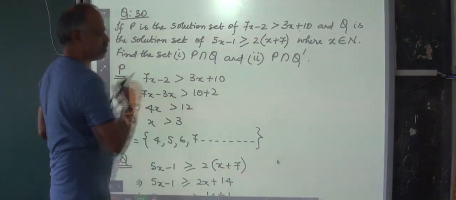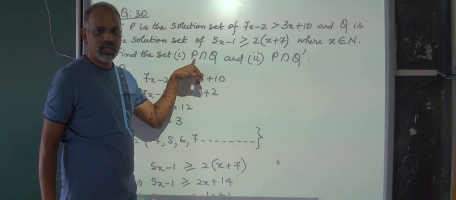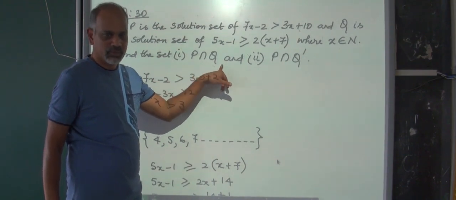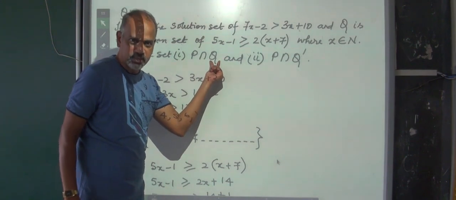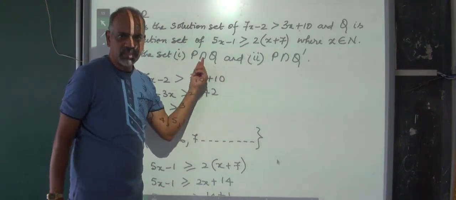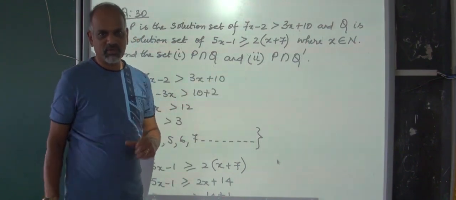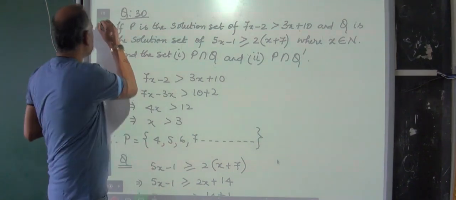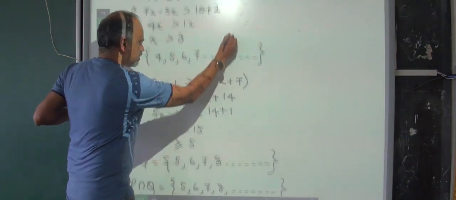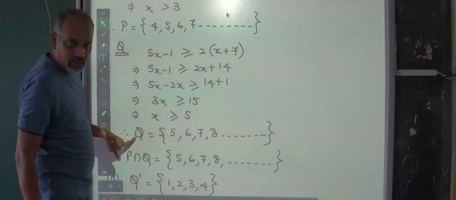The question is this. First subdivision is, you have to find P intersection Q. You got P as a set, Q also as a set. Intersection means what is common between P and Q. You have to see which elements are common in both the sets P and Q. So let's check both the sets. We have P, we have Q here.